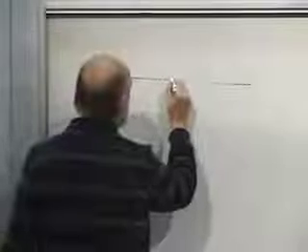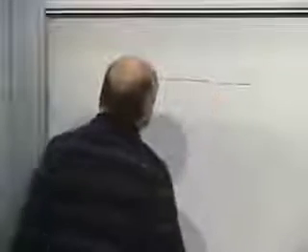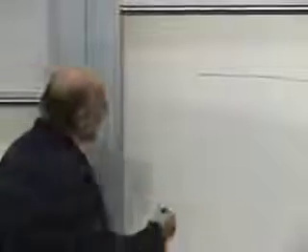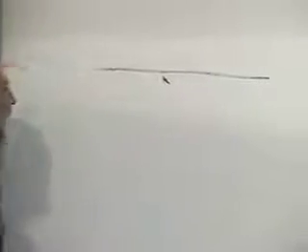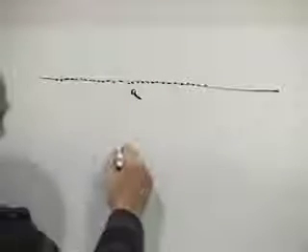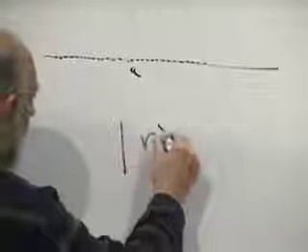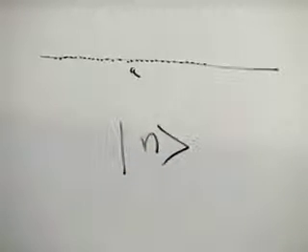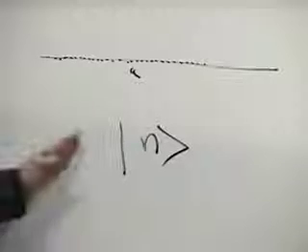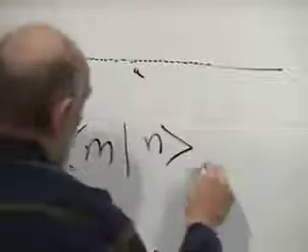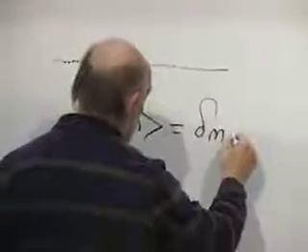Now, if you really want to do this right, and it would take us another 2 hours to do it right, what you really do is you replace the continuous line by a dense set of discrete points, separated by a tiny distance a. Then, instead of labeling the particle by a position on the line, we might label it by which of these n sites it's at. We could then use the standard definition, delta nm.